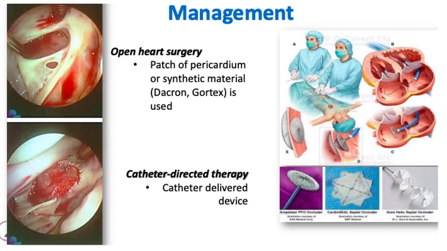In open heart surgery, the pericardium or a synthetic material is used to close the opening, whereas in the catheter-directed approach, only the synthetic material is used. It is directed by the catheter, the synthetic material is opened up, and the catheter is withdrawn, with the synthetic material closing tightly over the opening. That's how septal defects are treated.